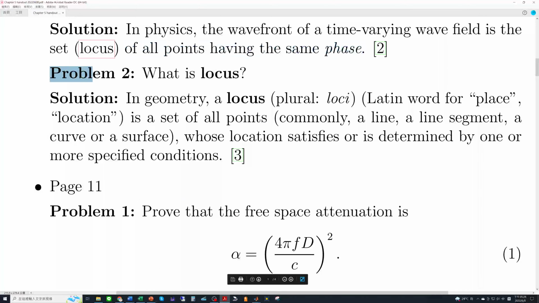Next, problem 2. What is locus? Solution.